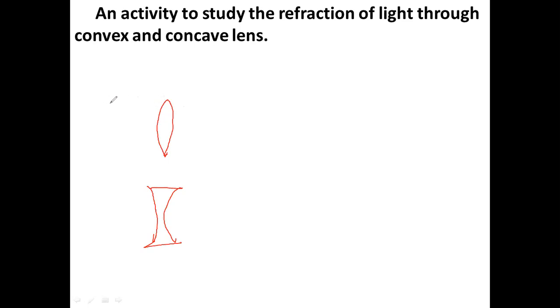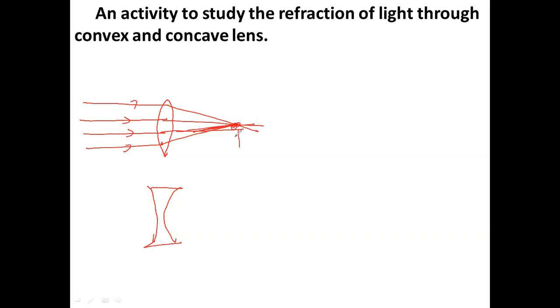What is this? Converging lenses. They collect the light. When a parallel beam of light rays comes like this, they are collected and focused in one place, the focus.